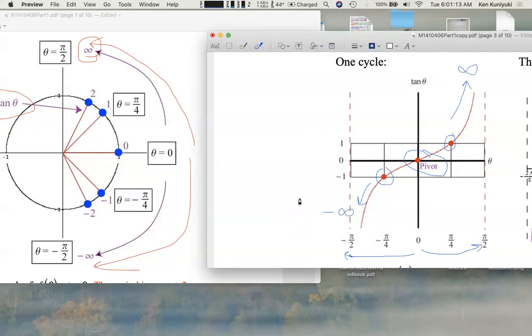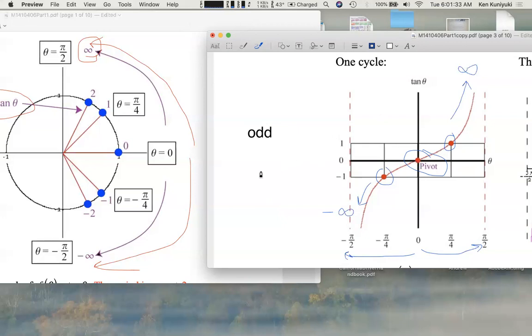By the way, this all makes sense because remember, tangent is what kind of function? Tangent is odd, meaning the graph, including this cycle, is symmetric about the origin. If you take this snake and rotate it 180 degrees about the origin, you get the same snake.